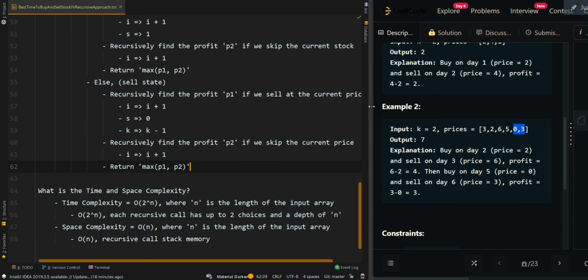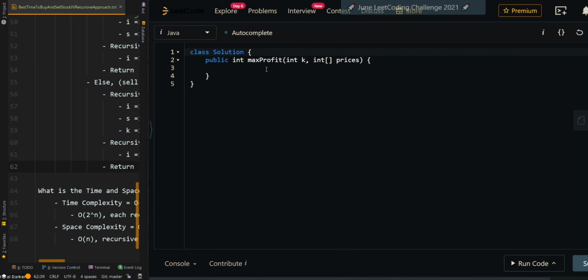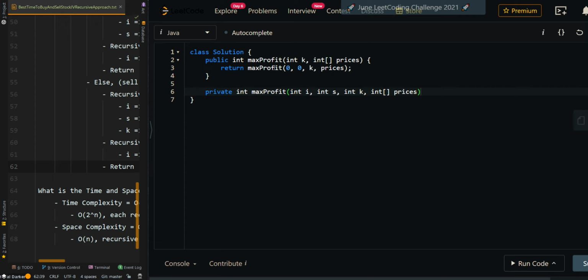Now let's go over the code. So we're going to implement the recursive approach, keeping track of our current index, the current state, the number of transactions, and our input array. If i is out of bound, or k is equal to 0, this means we can find no more profits.